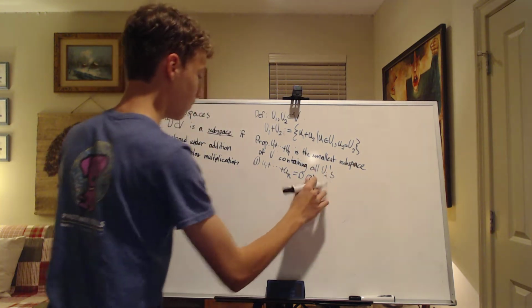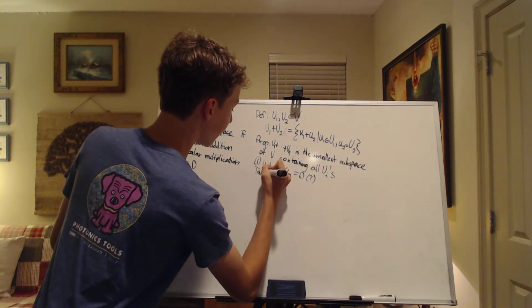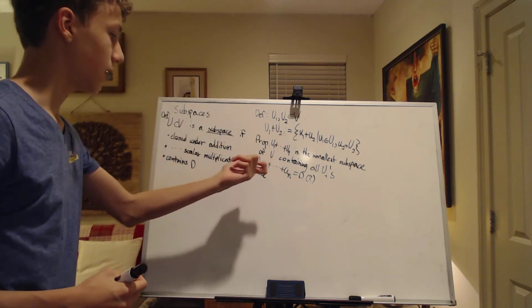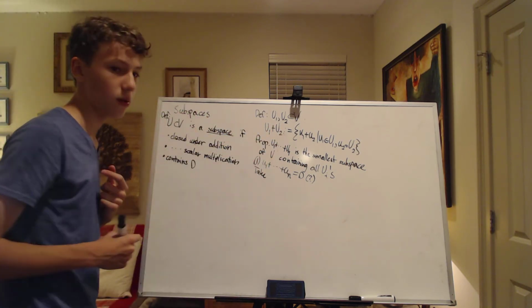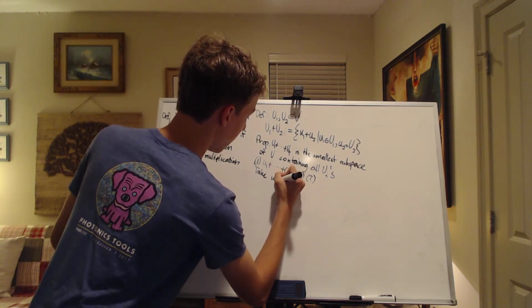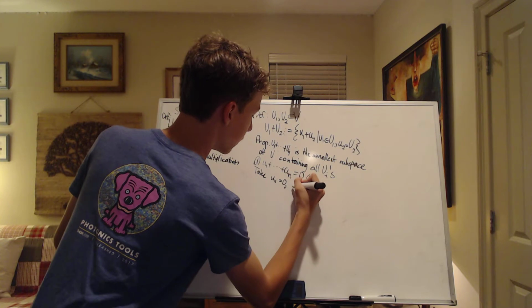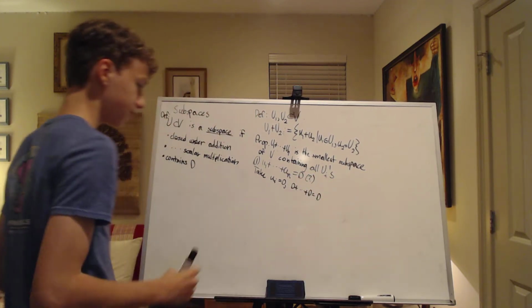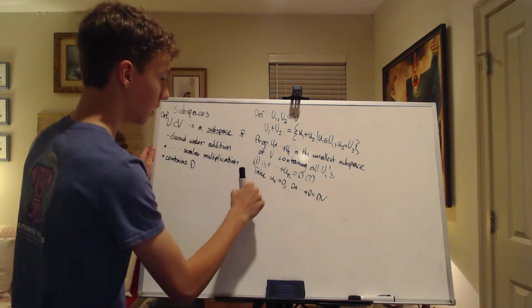Yes. Just take each of the UIs to be 0. Since all of these are subspaces, the identity element must be in those sets. And so take UI equal to 0, and 0 plus etc. 0 is indeed 0. So that's a check mark.